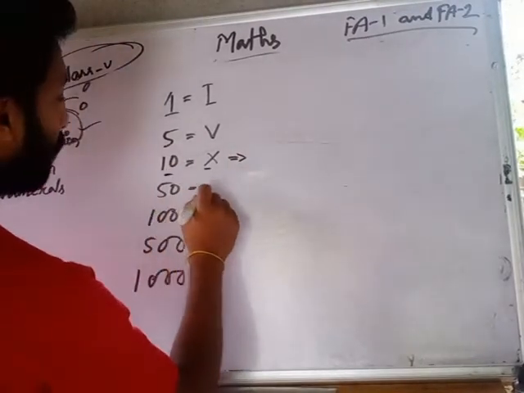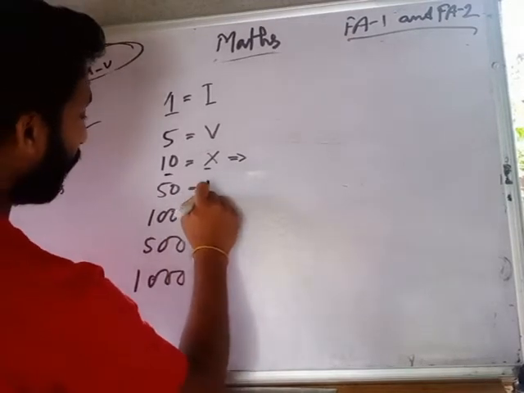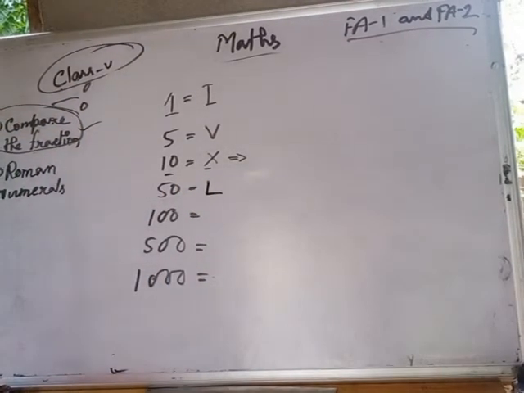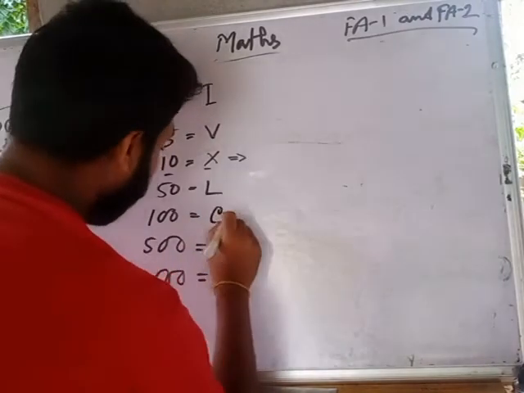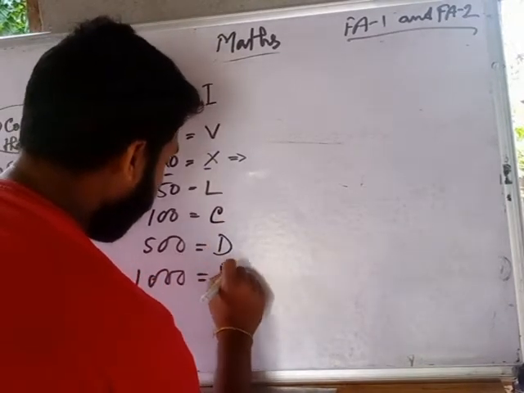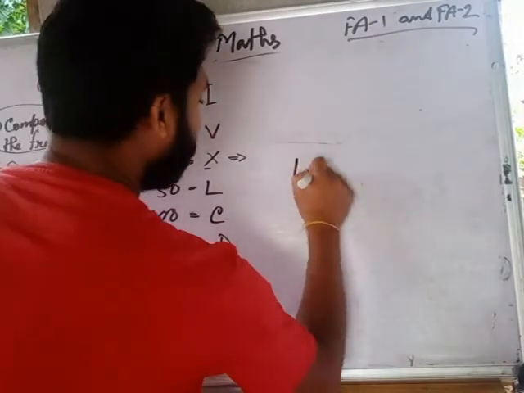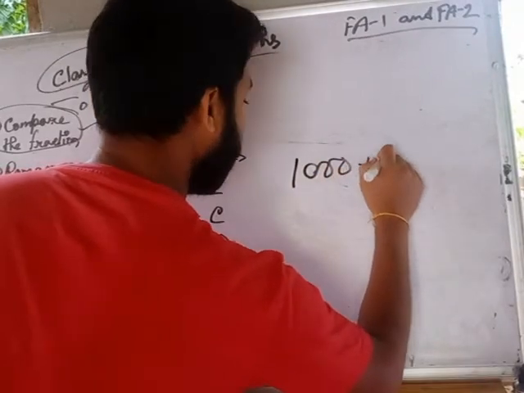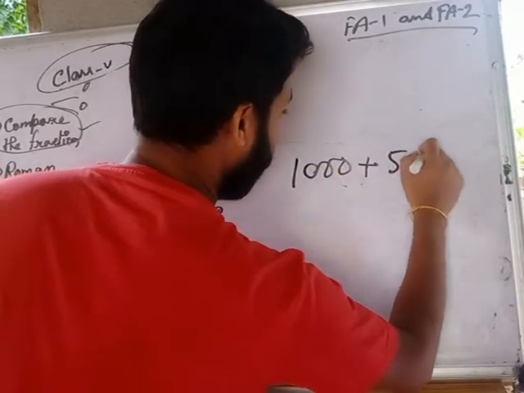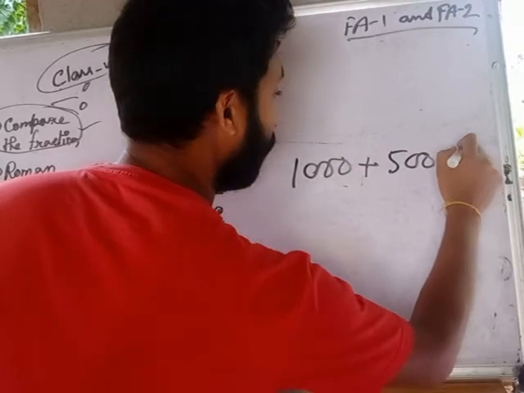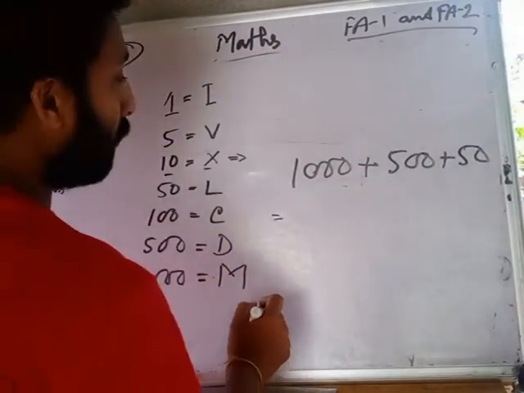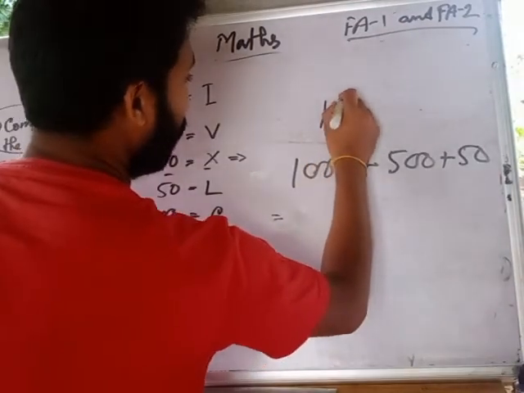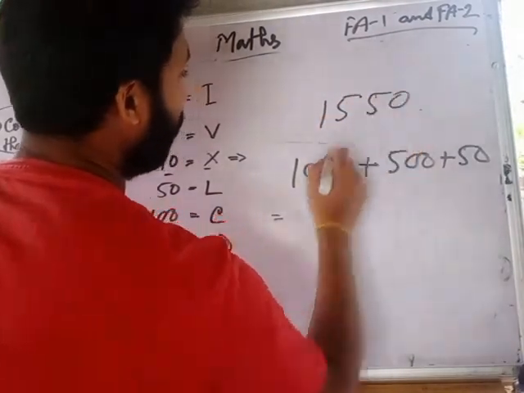If it is 50, it is L. If it is 100, it is C. It is D and it is M. Suppose it is 1000 plus 500 plus 50, or 1550.